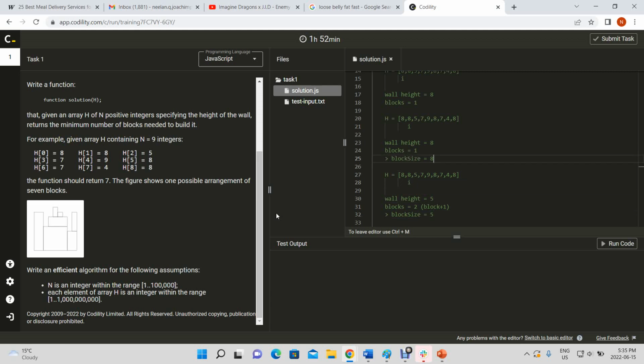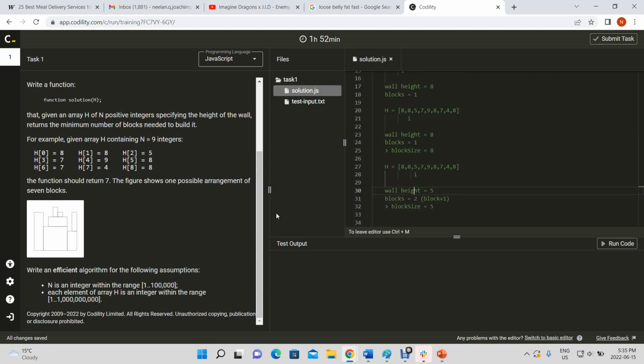And whenever the wall height is less than the previous wall height, we will most likely have to pop out the wall height, right? Okay, so let's go to the next element, and once again we get bigger.